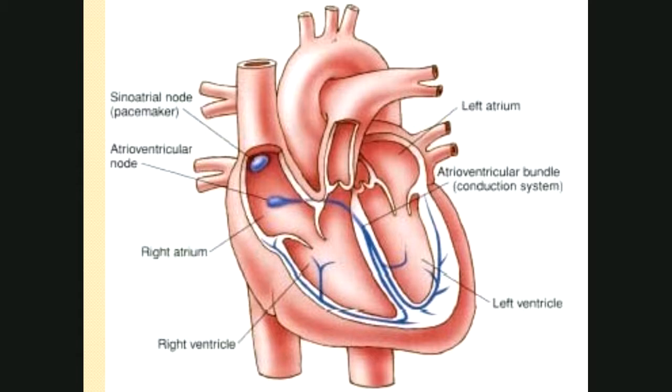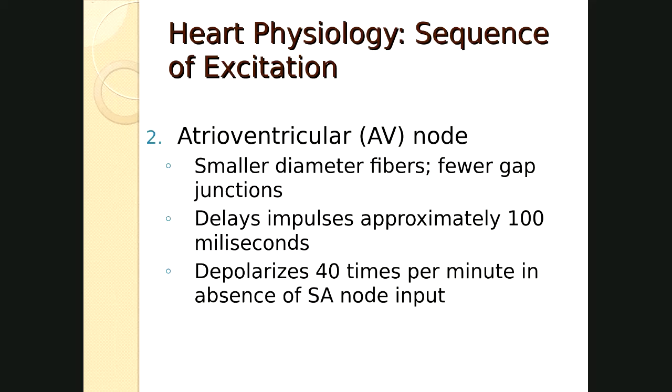It's in the right atrium, right where it joins onto the right ventricle. So it's right there at the boundary between the atrium and the ventricle. And it actually is the second fastest part of the heart. So if you look at the AV node, instead of depolarizing 100 times a minute, it depolarizes about 40 times a minute.